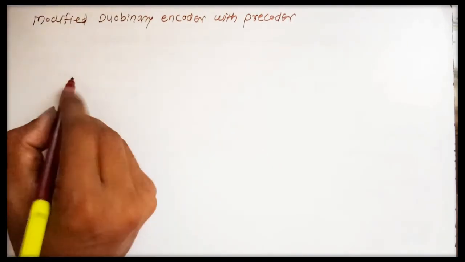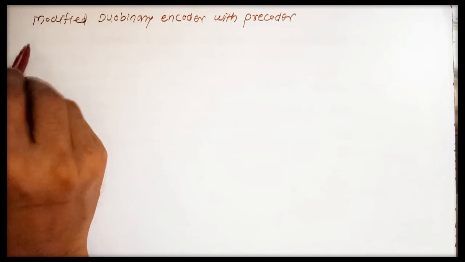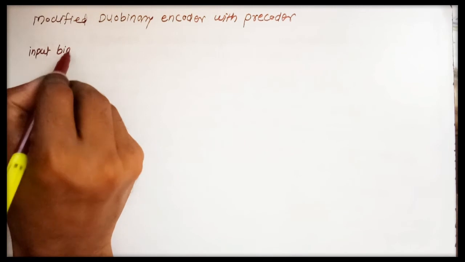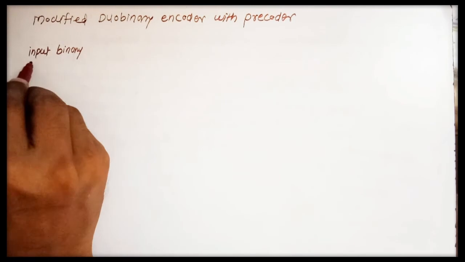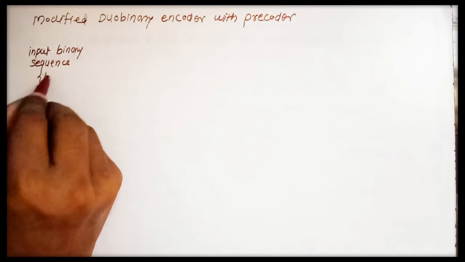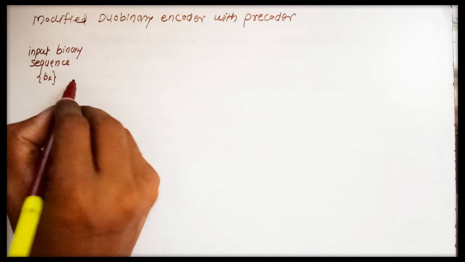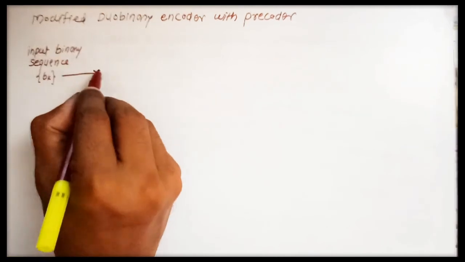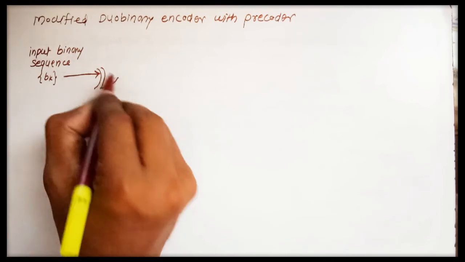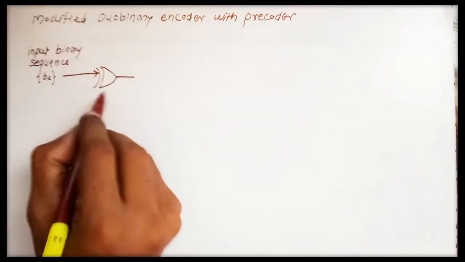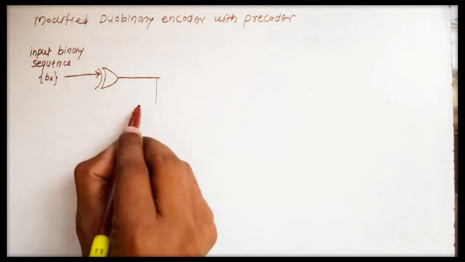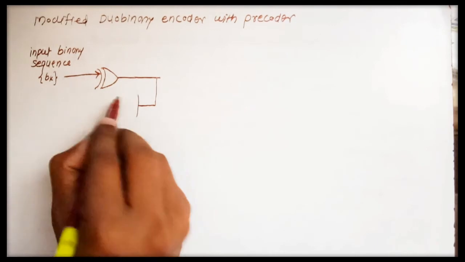Now let's see the block diagram of this. So we have an input binary digit sequence that is denoted as BK. This is applied to one input of an XOR gate, and we have a delay line filter with a delay element of twice TB.